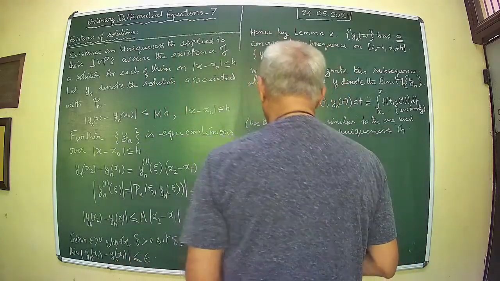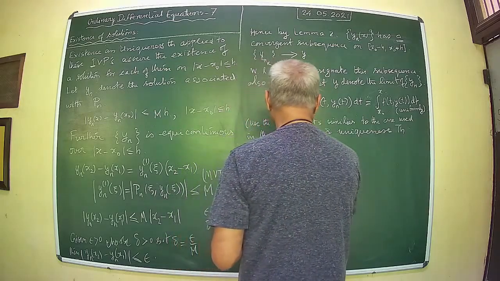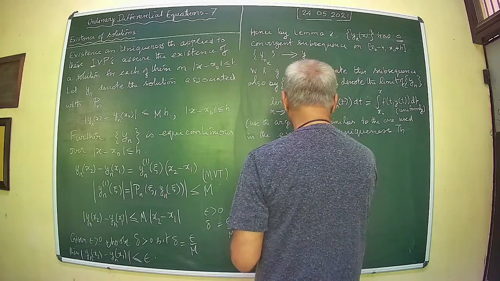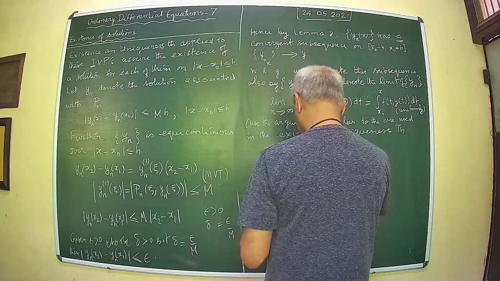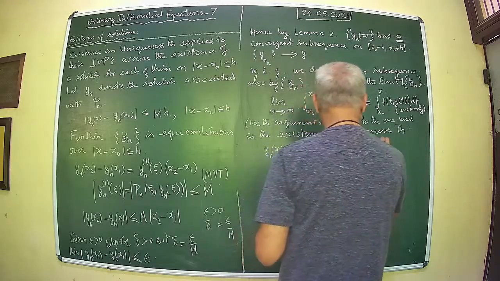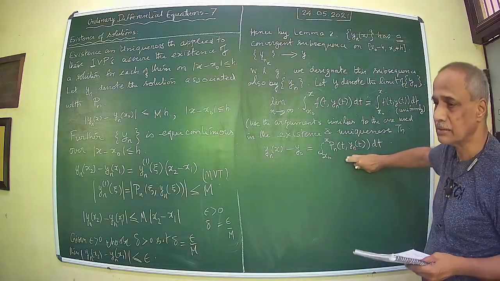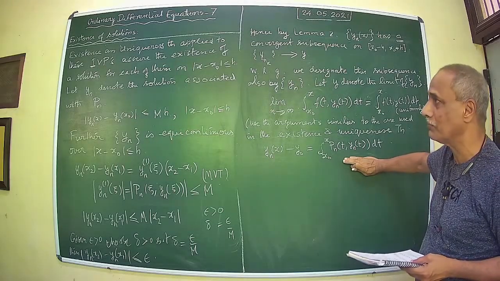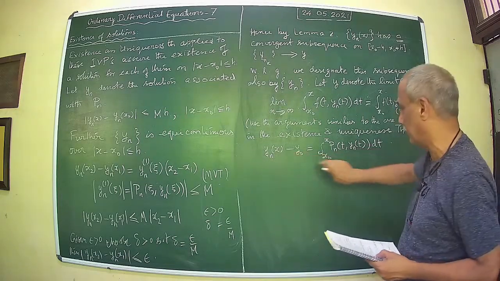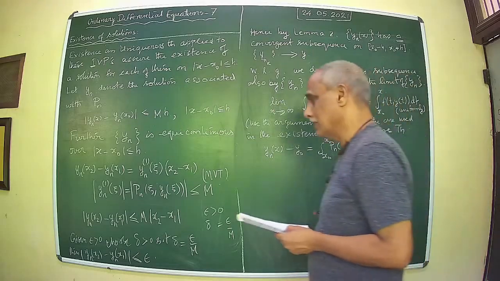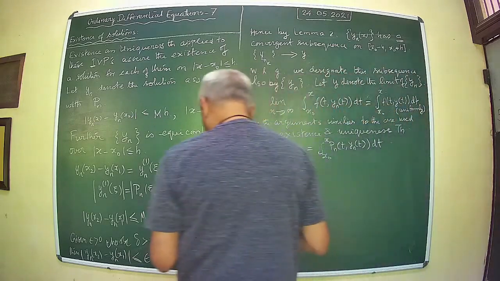So what do we have? We have the following: yn x minus y naught is equal to this. We have proved this in the case of Pn, because once you are using Pn, this is guaranteed, since we have already proved it for these functions; these are the exact solutions associated with Pn. So we have already proved it in the existence and uniqueness theorem. Therefore, what you have is this.